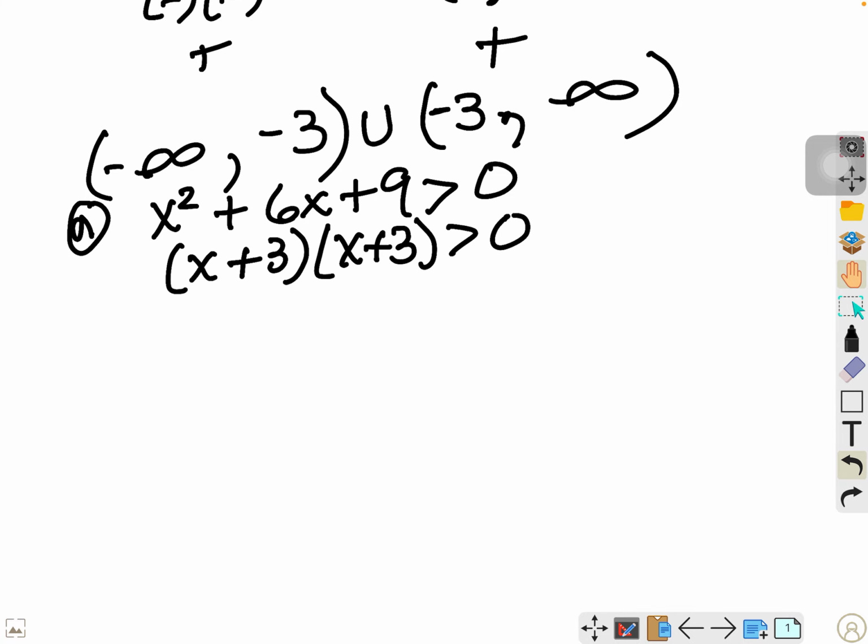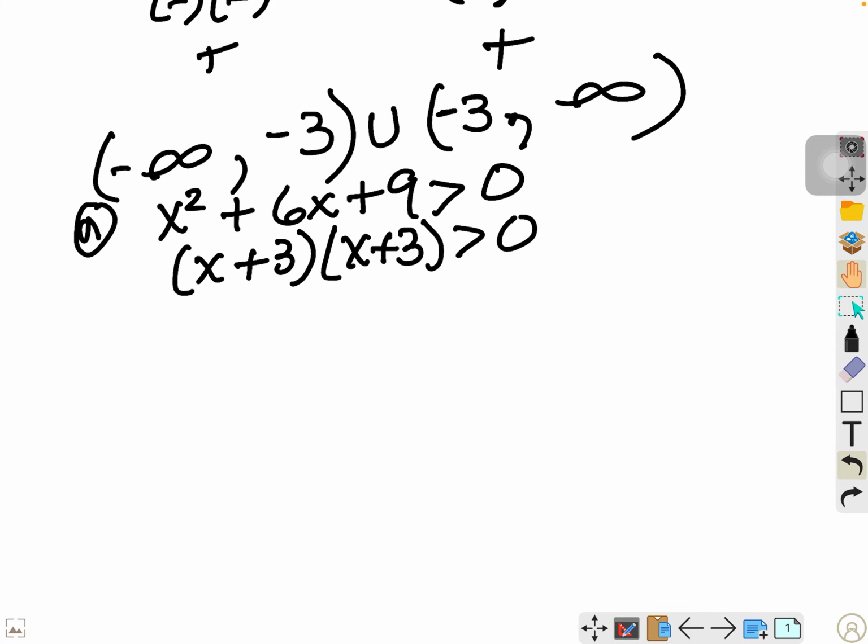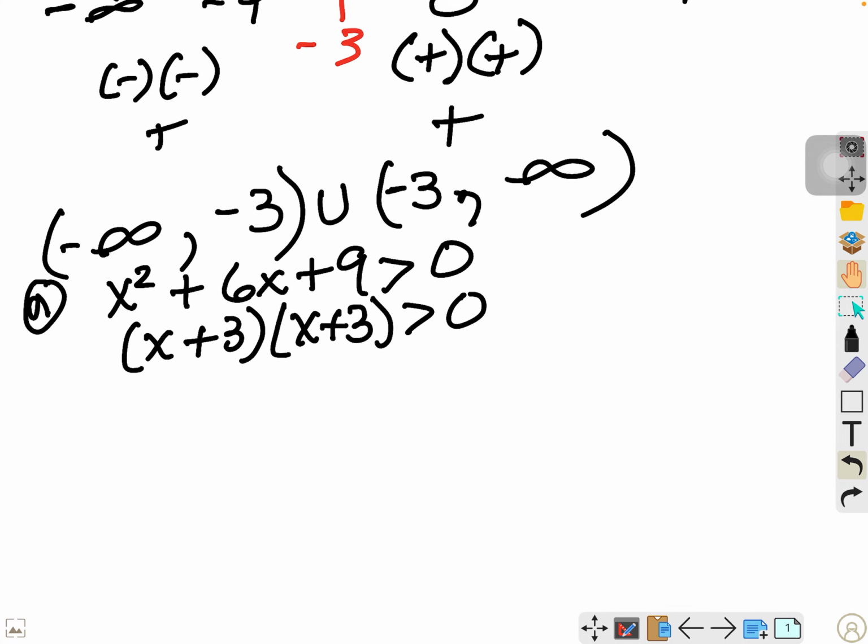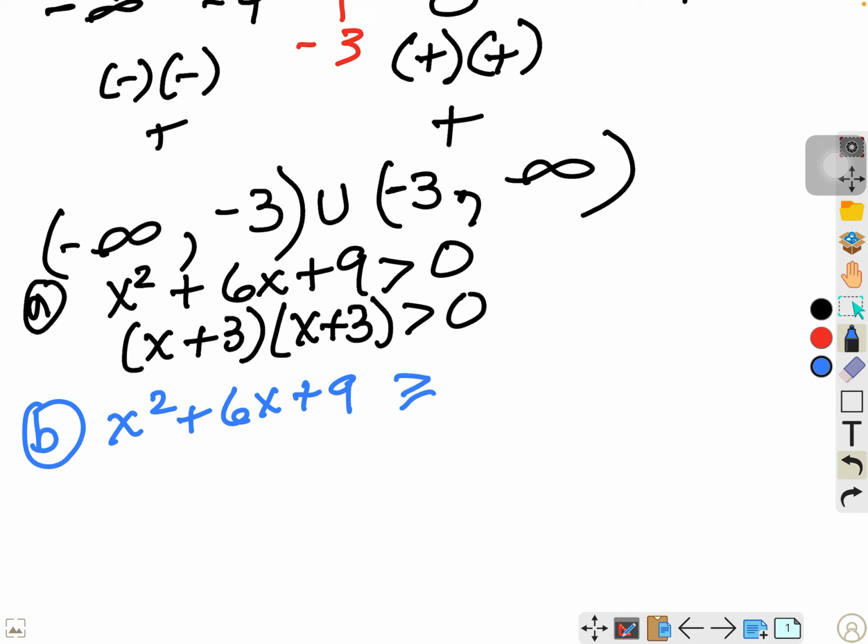So let's move on to part B. Part B looks like this. Same trinomial, but this time greater than or equal to 0. Well, we know our critical value is negative 3.